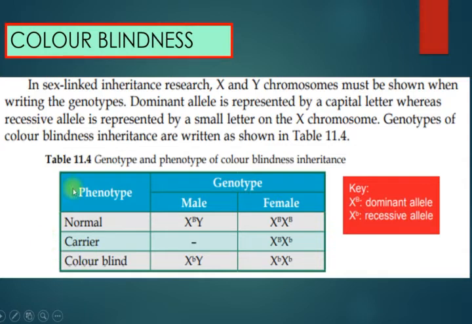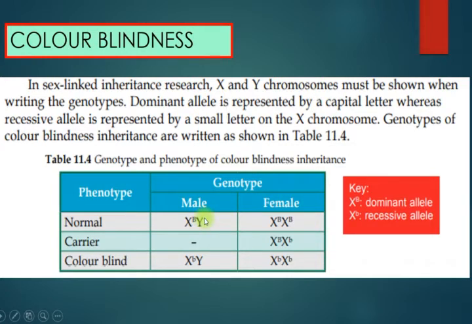For the normal phenotype, the male genotype is X big B Y, because of sex-linked inheritance we write X and Y. Big B refers to the dominant allele, and on the Y chromosome there is no allele.